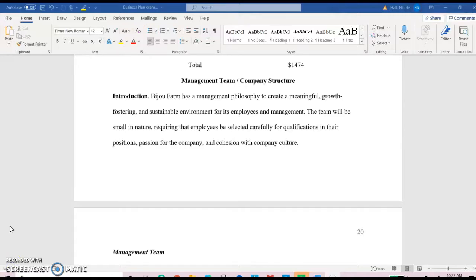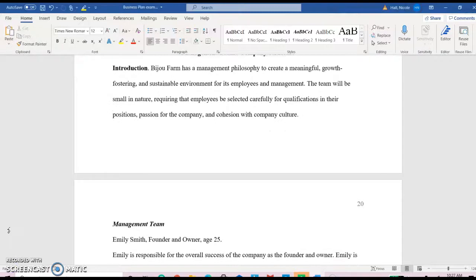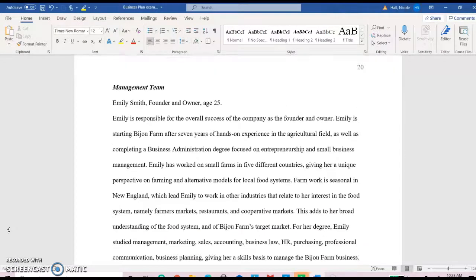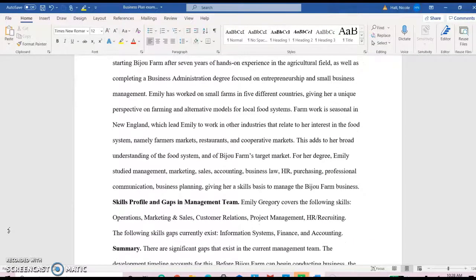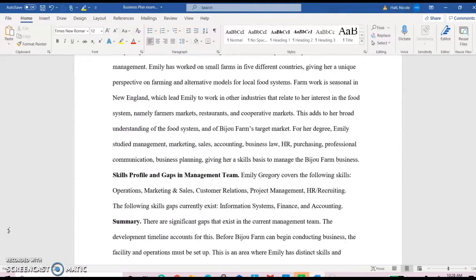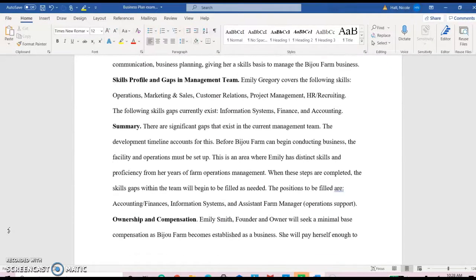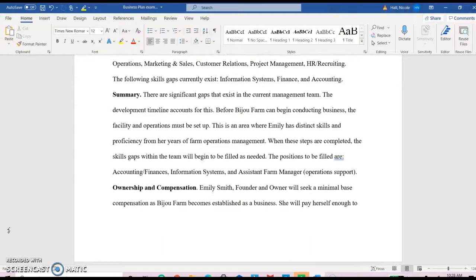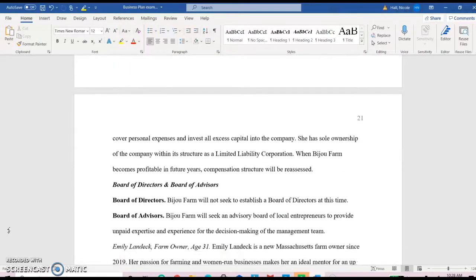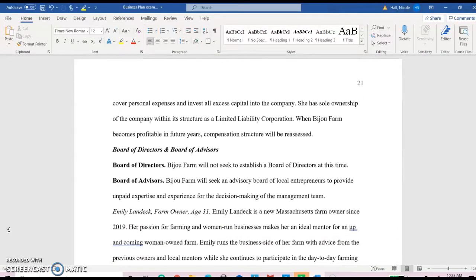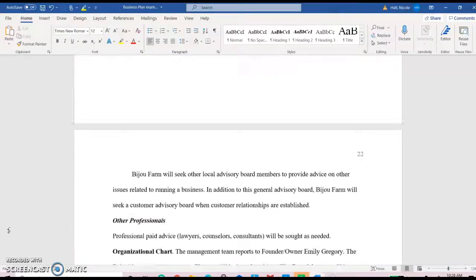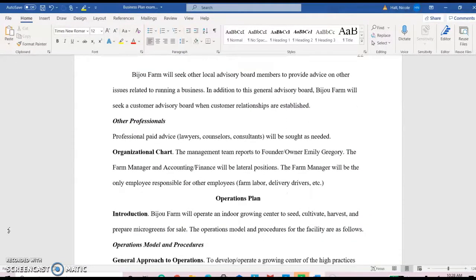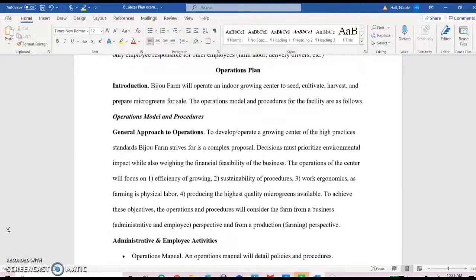Under management team and company structure, you can begin with a brief introduction, then jump into the management team, the skills profile and gaps in management team. You can include a summary, ownership and compensation, board of directors and board of advisors, other professionals if applicable, an organizational chart, and next we're going to talk about the operations plan.